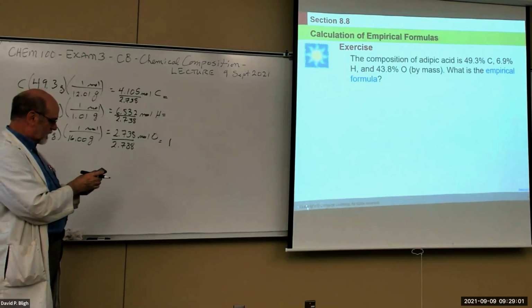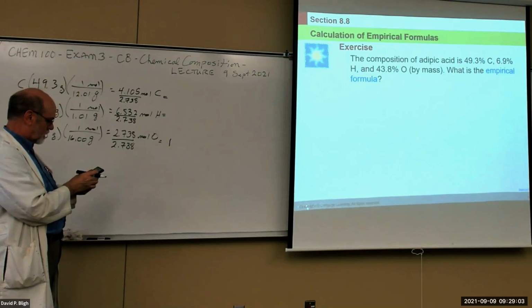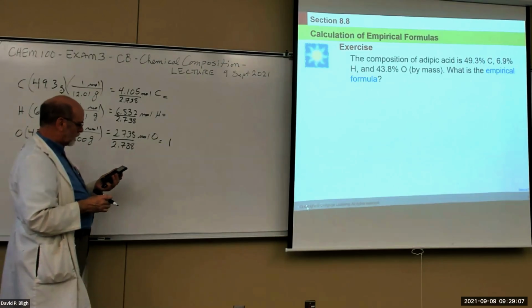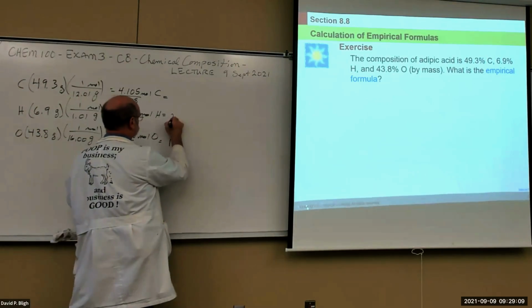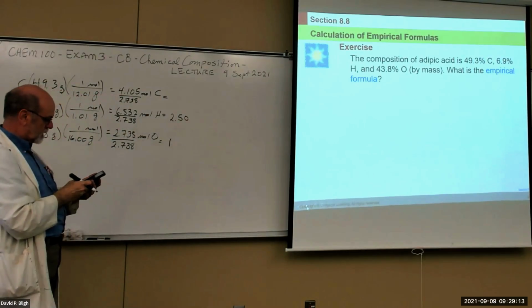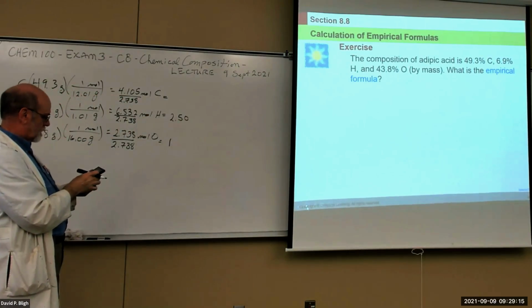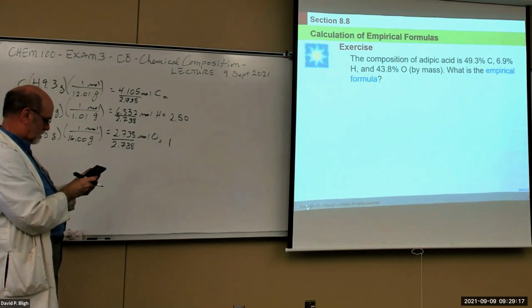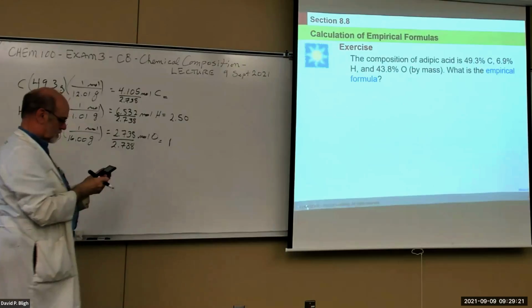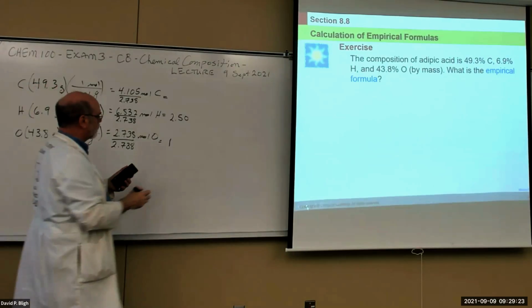Hydrogen is going to be, let's see, 2.50. And carbon is going to be, let's see, divide this into it, is 1.50.